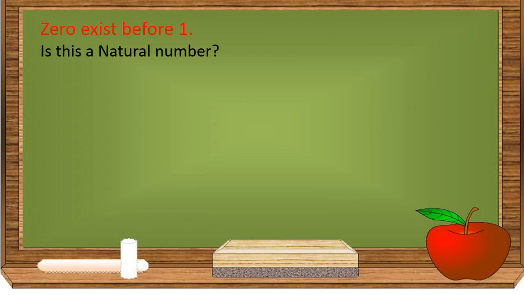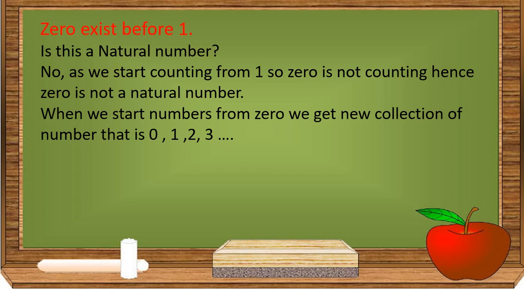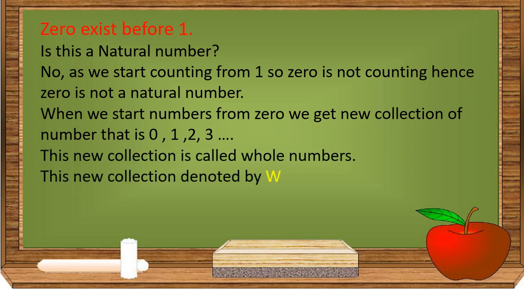Now the question arises, is that a natural number? So the answer is no, as we start counting from 1. So we are not counting the number 0, hence 0 is not a natural number. When we start numbers from 0, we get the new collection of numbers that is known as whole numbers.